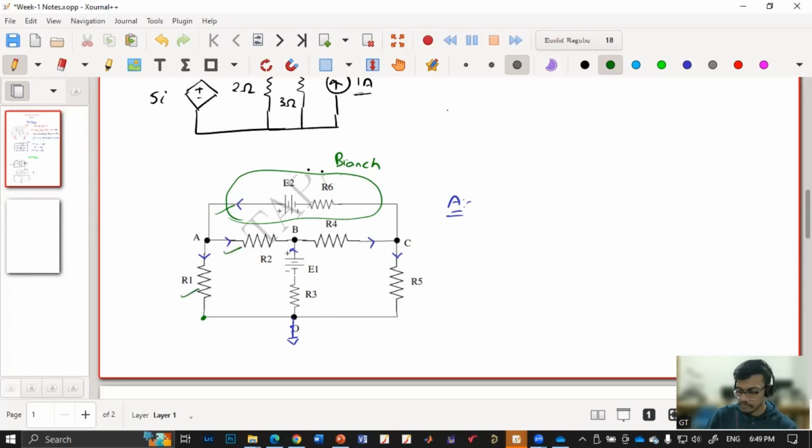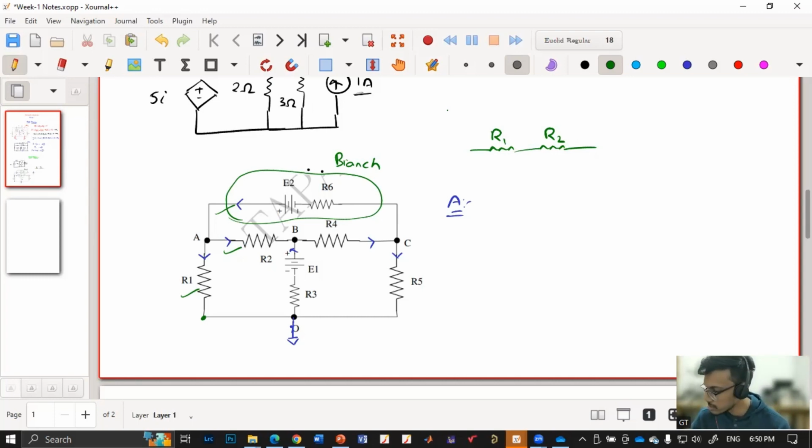And a loop is like, first of all, a loop is a closed loop because it should be closed. It is not open. Like if I consider this R1 and R2, this is not a loop. First of all, a loop should be closed. So when we traverse across that loop, say we have started at a point A and we are traversing across that loop, we should again reach A, but not more than once.